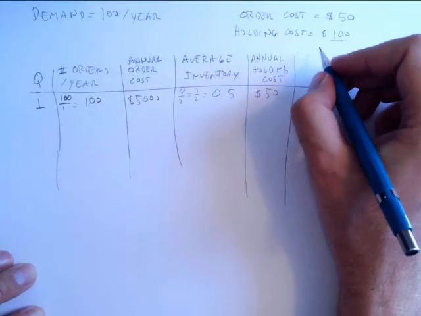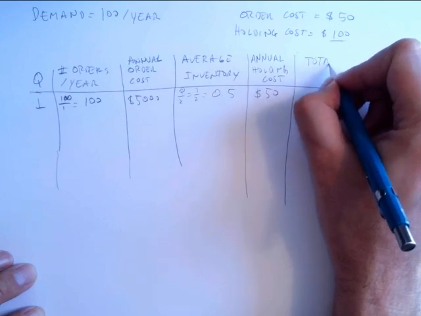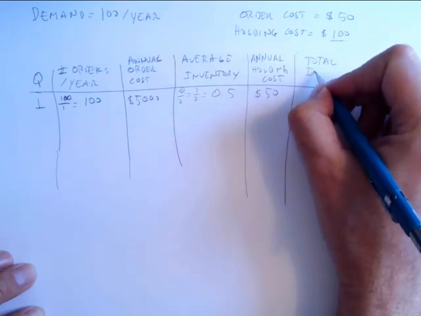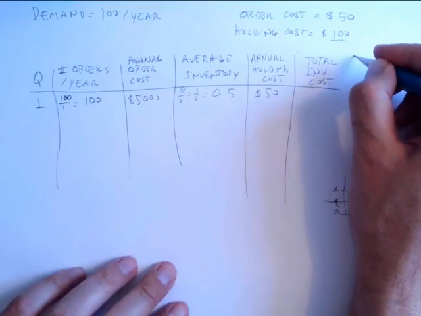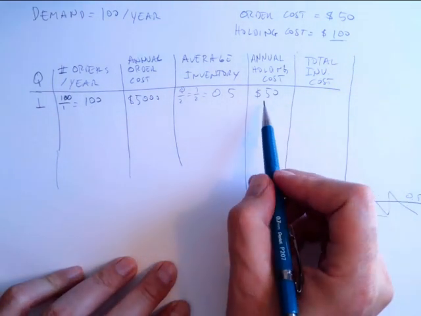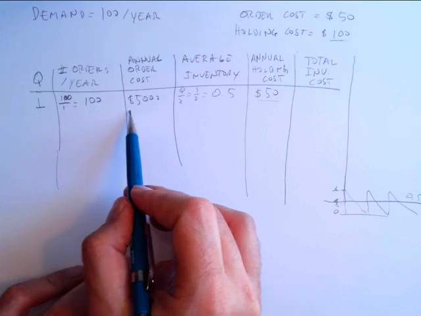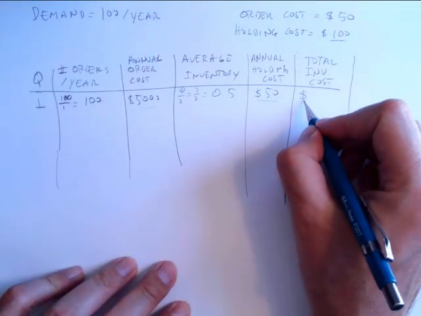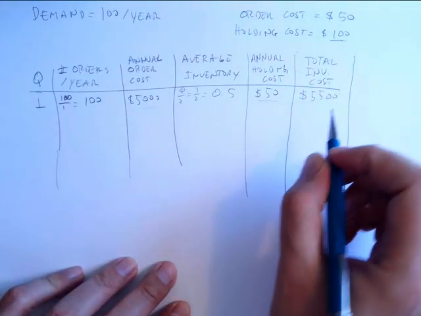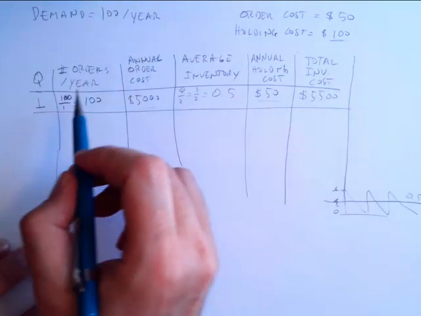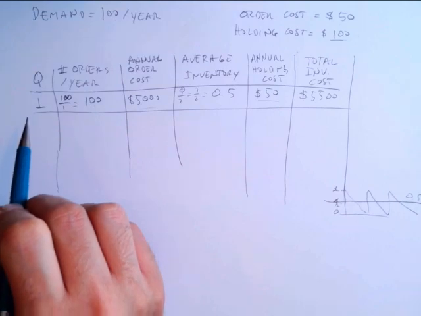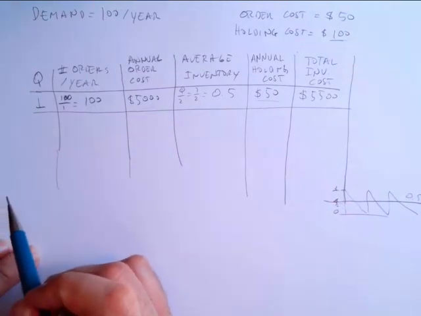And then at the end, my total inventory cost is just the sum of holding cost and ordering cost, which will be $5,500. So based on this demand, if I buy one at a time, that's what my cost looks like.